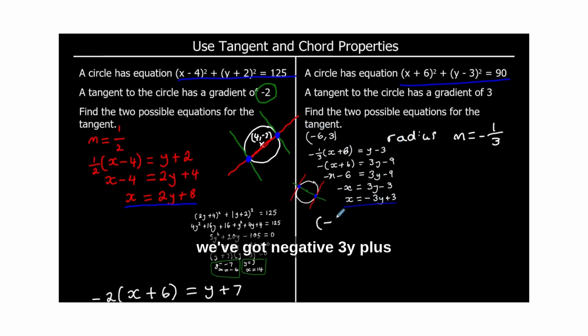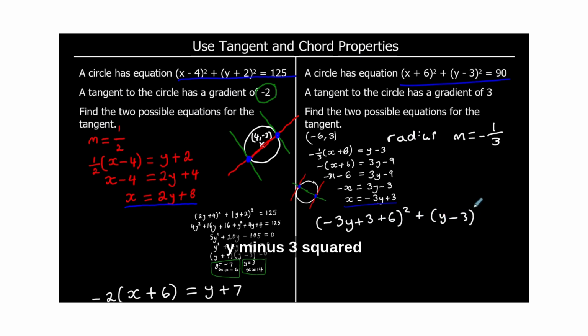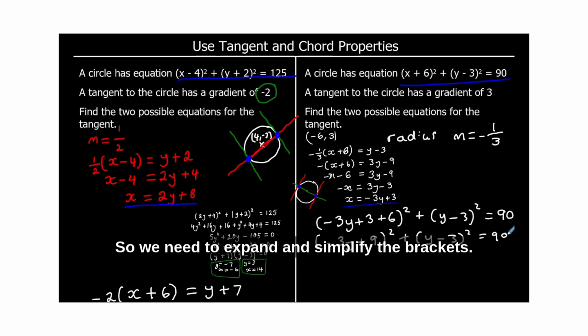So we've got negative 3y plus 3 plus 6 squared plus y minus 3 squared equals 90. 3 plus 6 is 9, so we've got negative 3y plus 9 squared plus y minus 3 squared equals 90. So we need to expand and simplify the brackets.